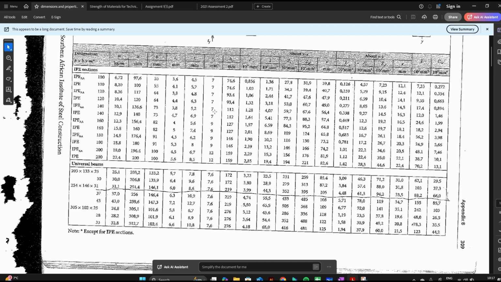Our area is right here, 474 times 10 to the 3.